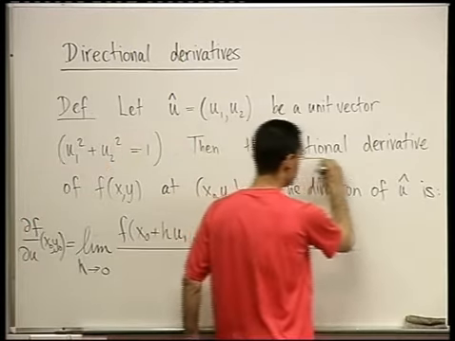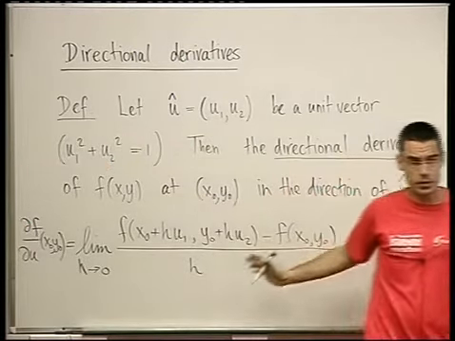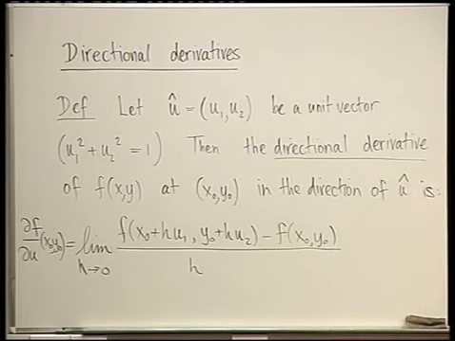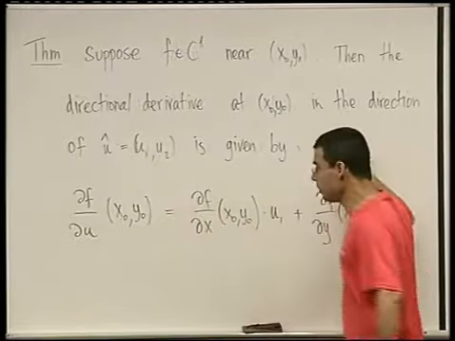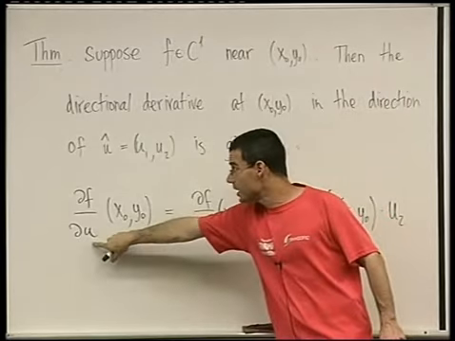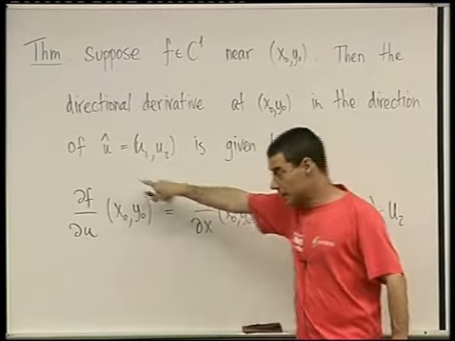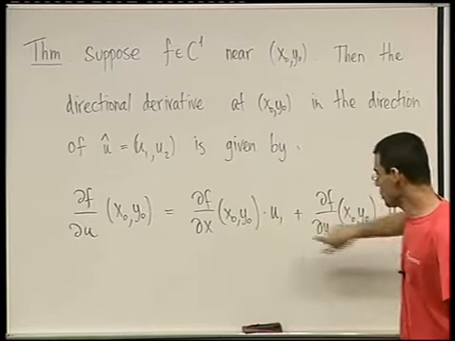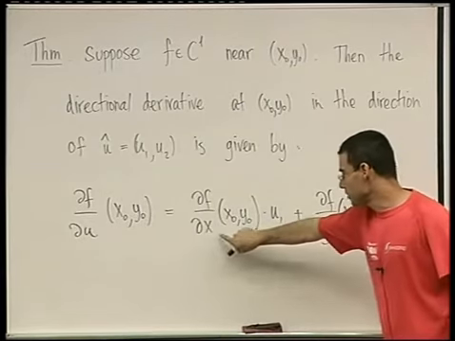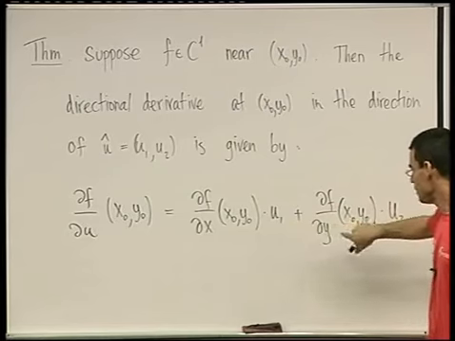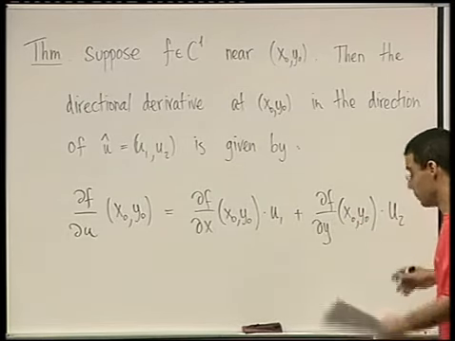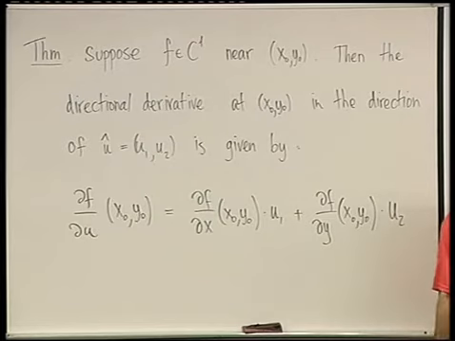Okay? Any questions so far? Okay. So back to this theorem, I want to prove that the directional derivative in a given direction u is prescribed by taking the two partial derivatives and multiplying the x partial by u1 plus the y partial times u2. Okay, let's go ahead and prove this.